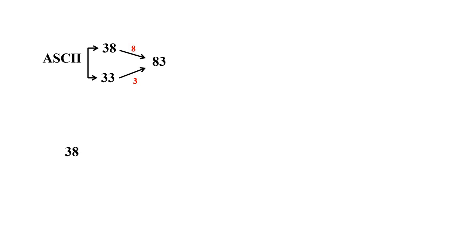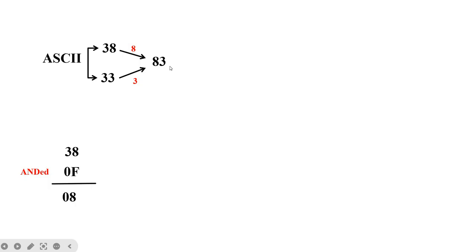We are not interested in 3, so we mask it and we want only 8. So we'll perform an AND operation, that is we will AND 38 with 0F. When we do this, we get 08.